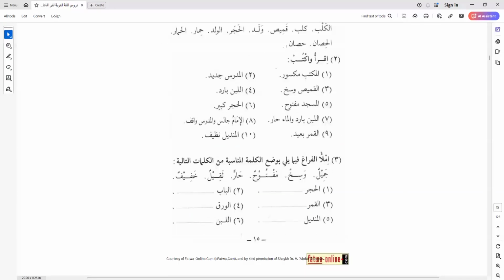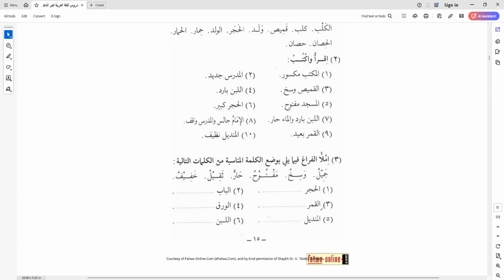Now, imla al-faragh, fill in the blank space. Al-faragh is the blank space or empty space. There's nothing in there. And this is the faragh right here. So we have words like jamilun, beautiful or good, wasikhun, dirty, maftuhun, open, harrun, hot or warm, thaqilun, heavy, khafifun, light in weight.